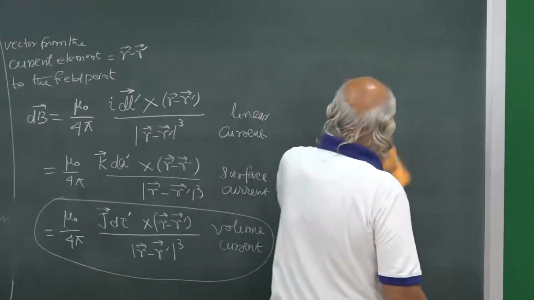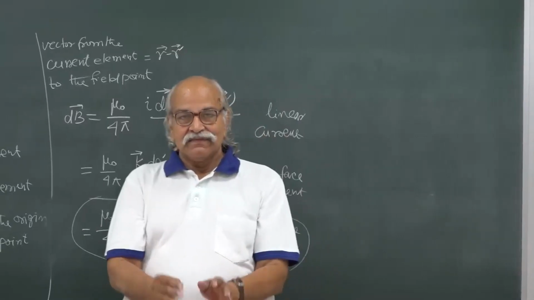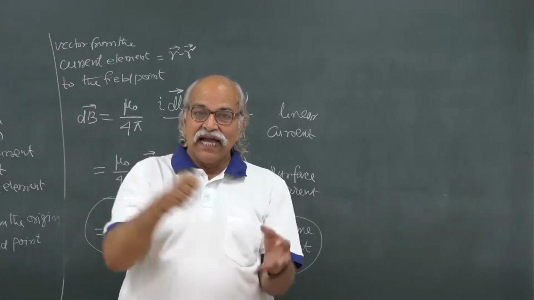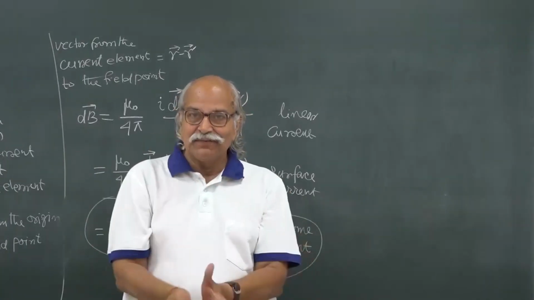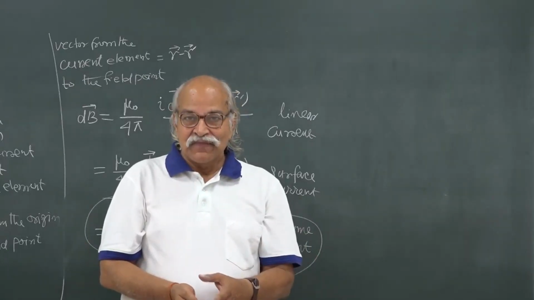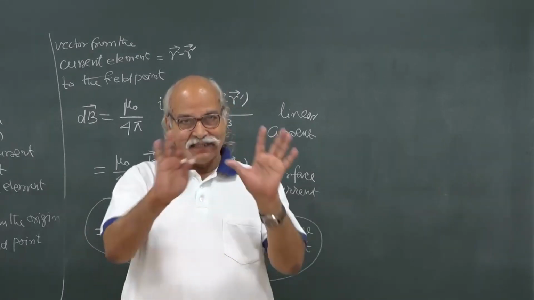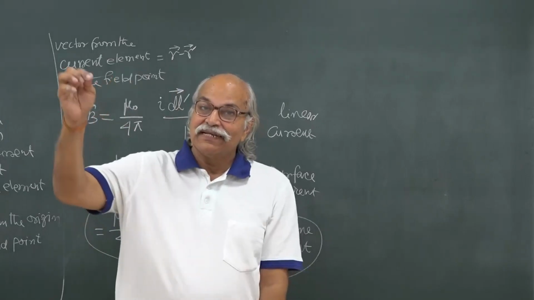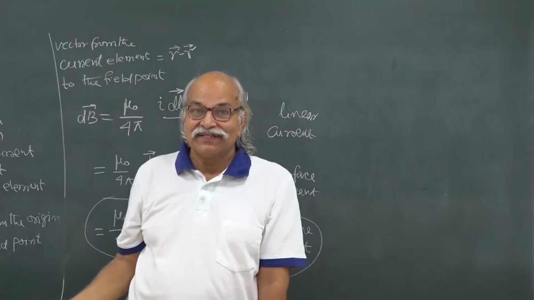Now, suppose the current distribution is given, fixed. At any point if I need the magnetic field, I have to integrate over all these small elements to get the contribution from the entire current distribution, that is fine. But once the current distribution is known to me, I can ask for the magnetic field at this point, at that point, at that point.